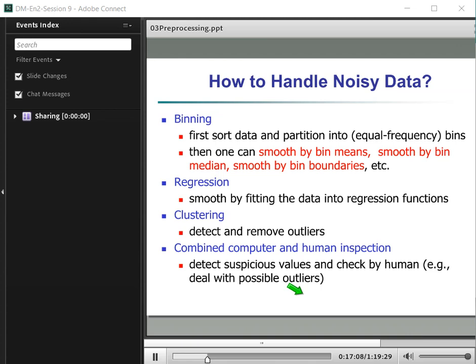Then in each bin, I can replace the values in that bin with, for example, the mean value or median value or lower bound or upper bound of that bin.